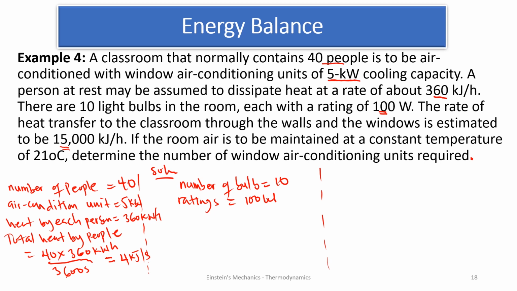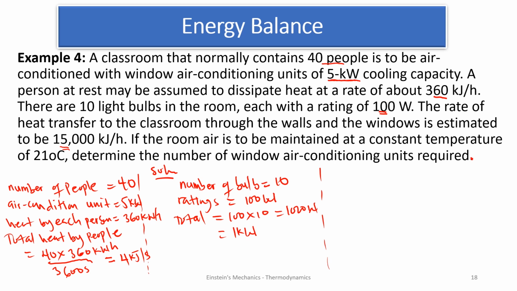That will be 100 times 10, and that's 1000 watts. And here too, don't forget we are working in kilo, so this is equivalent to 1 kilowatt, the same thing as 1 kilojoule per second. It's very interesting. So the total energy by the bulb is also 1 kilowatt.